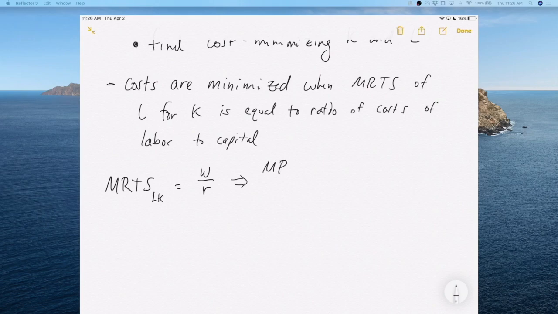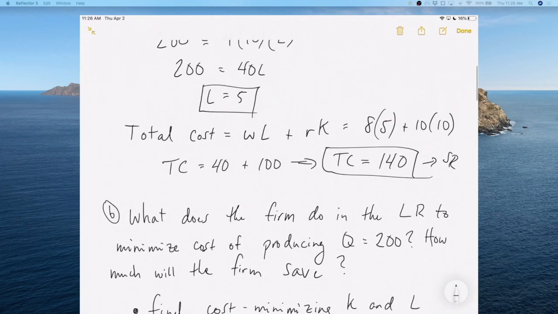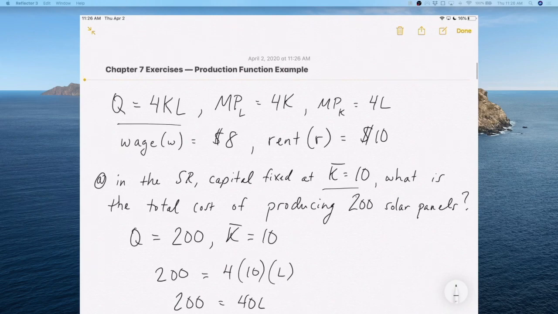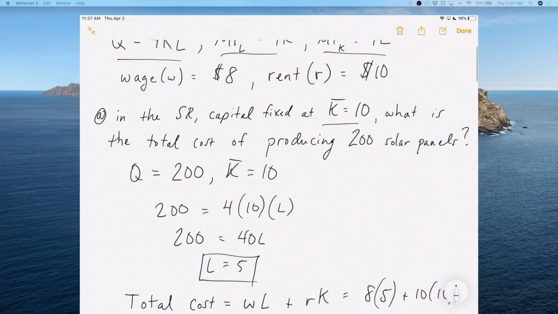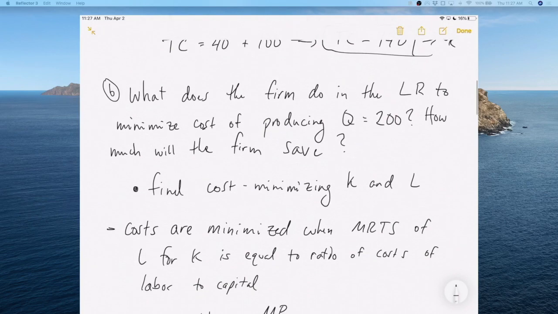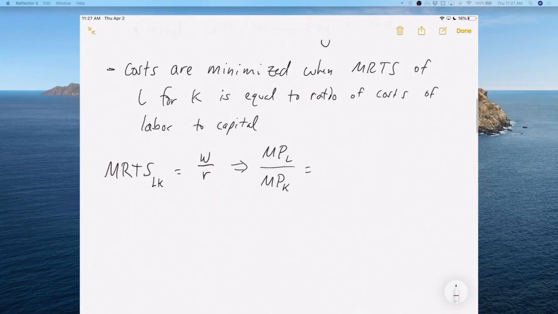We look at the marginal product of labor and the marginal product of capital, which were given up in the original part of the equation up there. So the marginal product of labor is 4K and the marginal product of capital is 4L.